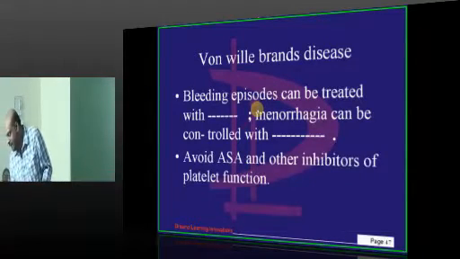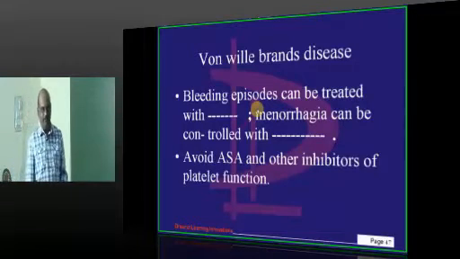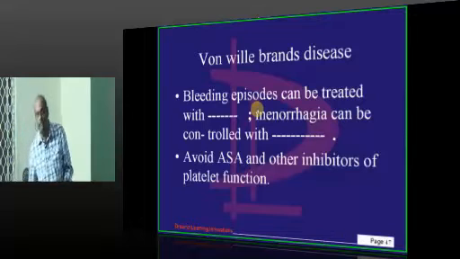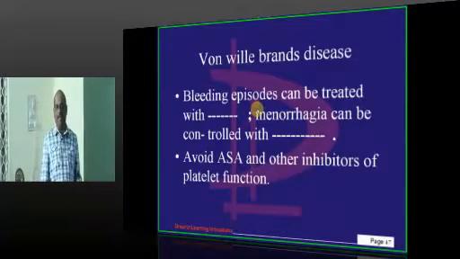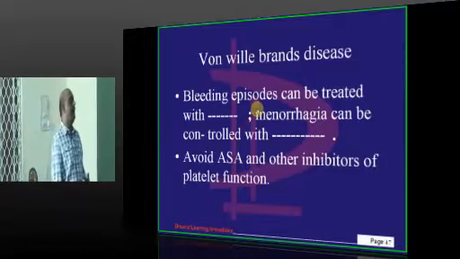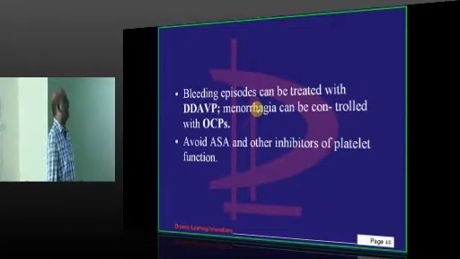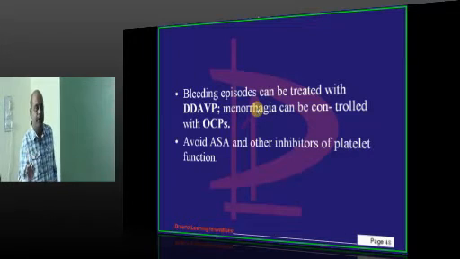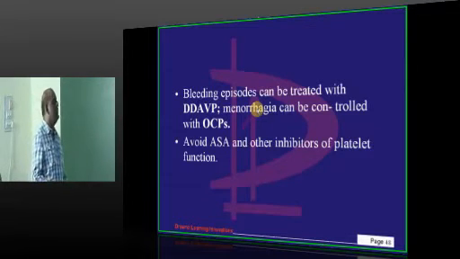Very good. Desmopressin is a very good answer. So Dr. Amit made a very good guess of tranexamic acid. And Dr. Vidya also agrees with tranexamic acid, but you can remember, if there is menorrhagia in von Willebrand, OCPs are indicated.